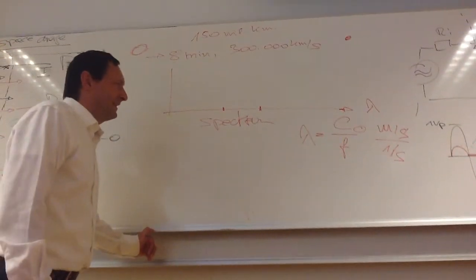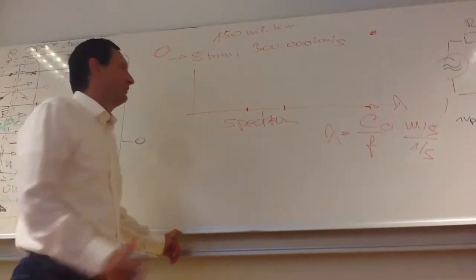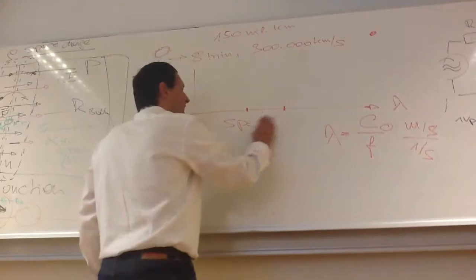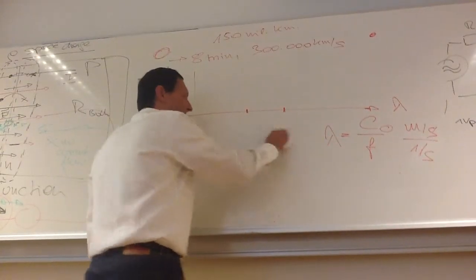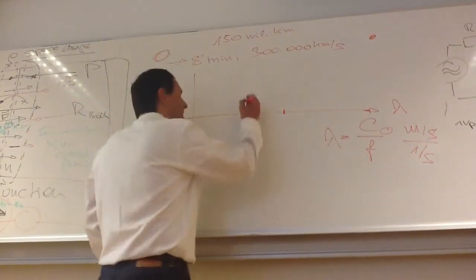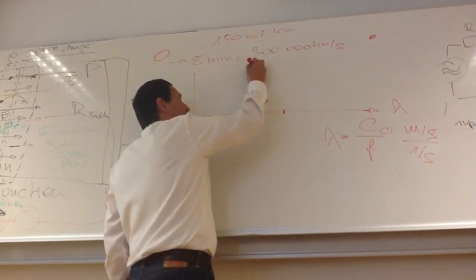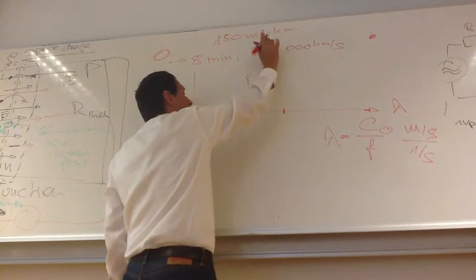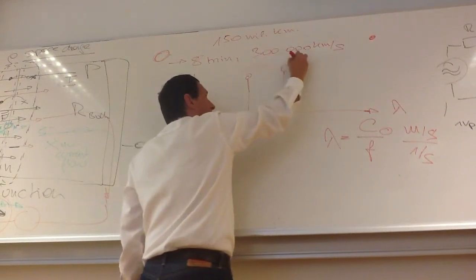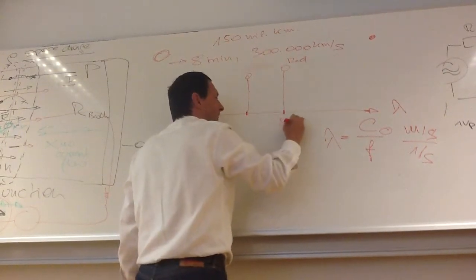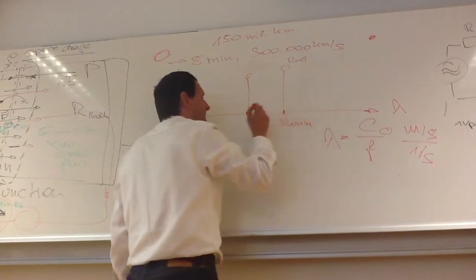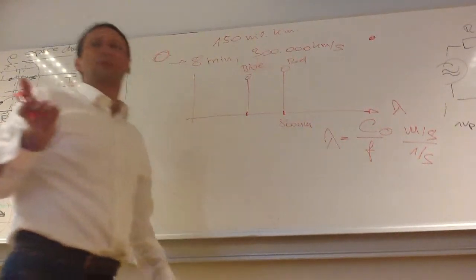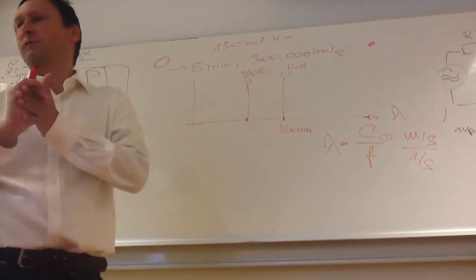So if we stick to red light, then we have a wavelength of roughly 800 nanometers. Shorter wavelength, we have red here. And for blue, any idea? How much do we have?